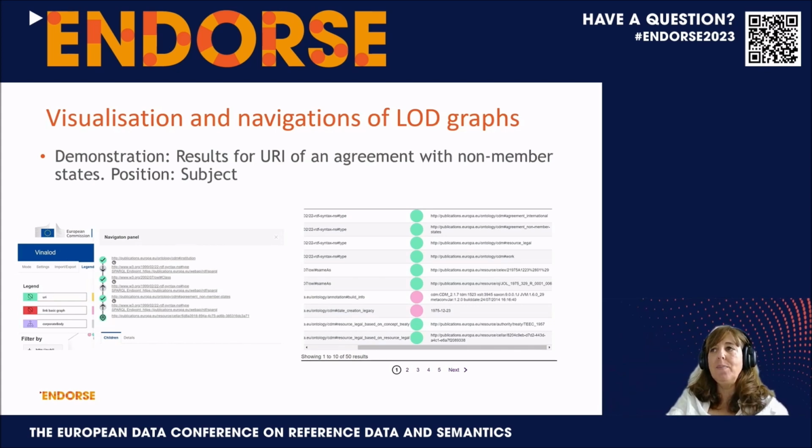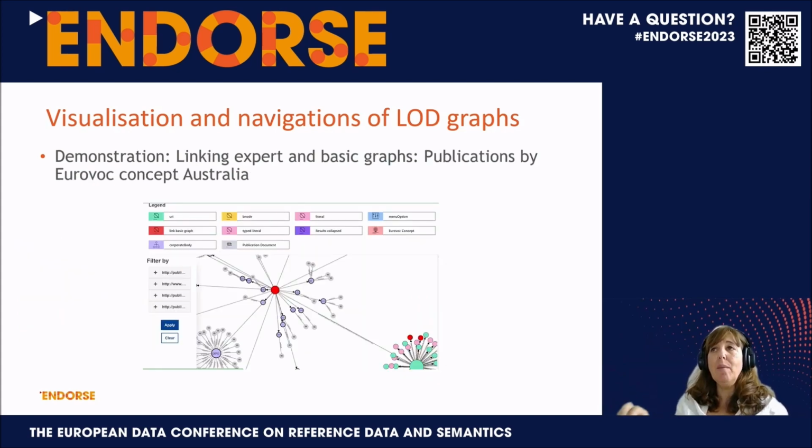In this example, this agreement is about the Eurovoc concept of Australia, so it must be an agreement with Australia. As we have a basic graph that shows publications for Eurovoc concept, we can link both expert and basic graphs by the Eurovoc concept URI, and we can see the linking node in red.